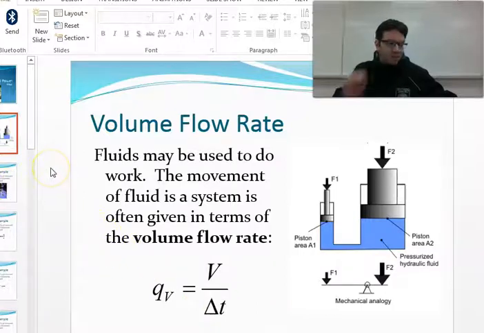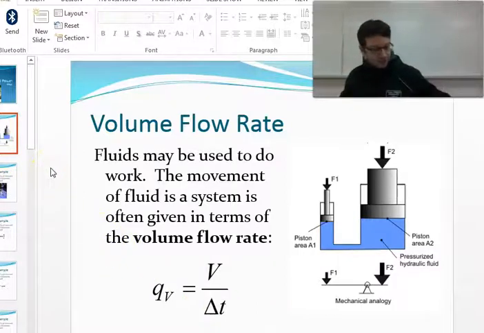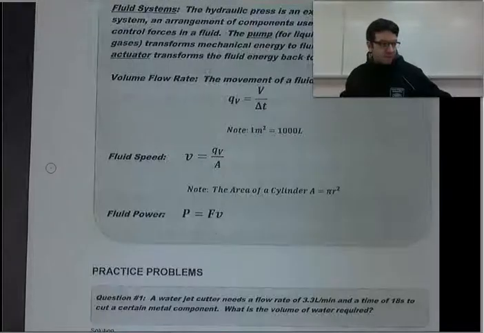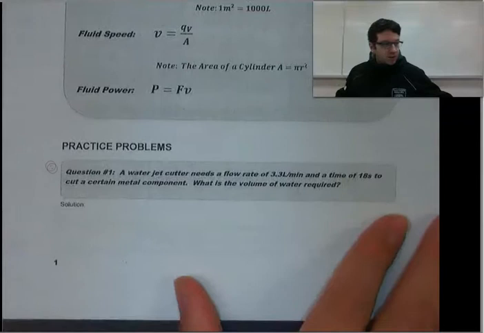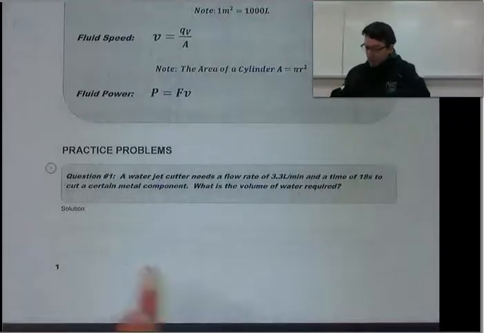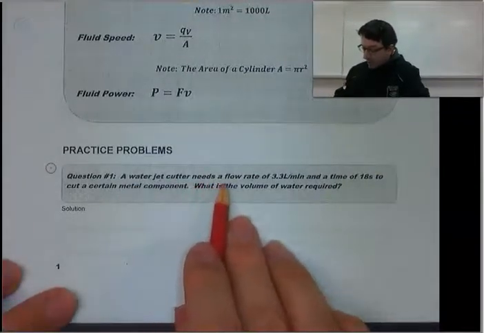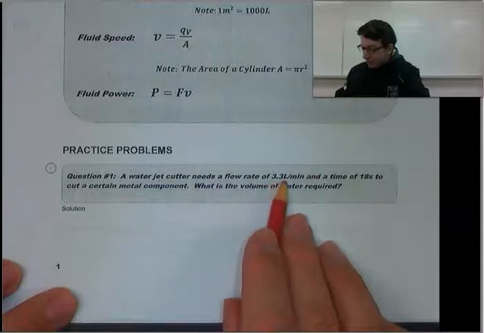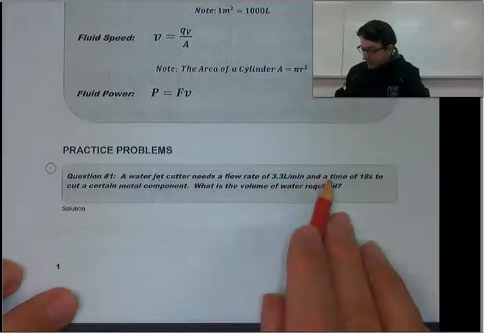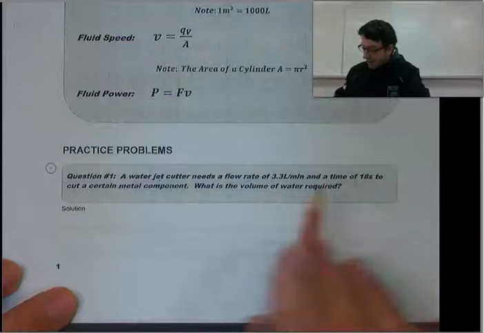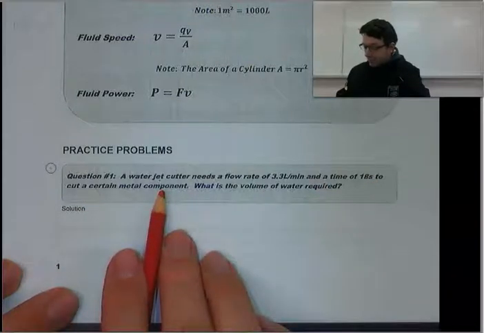All right, so let me go over an example. Our first example might help explain it. We have a water jet cutter. It needs a flow rate of 3.3 liters per minute and a time of 18 seconds to cut a certain metal component.